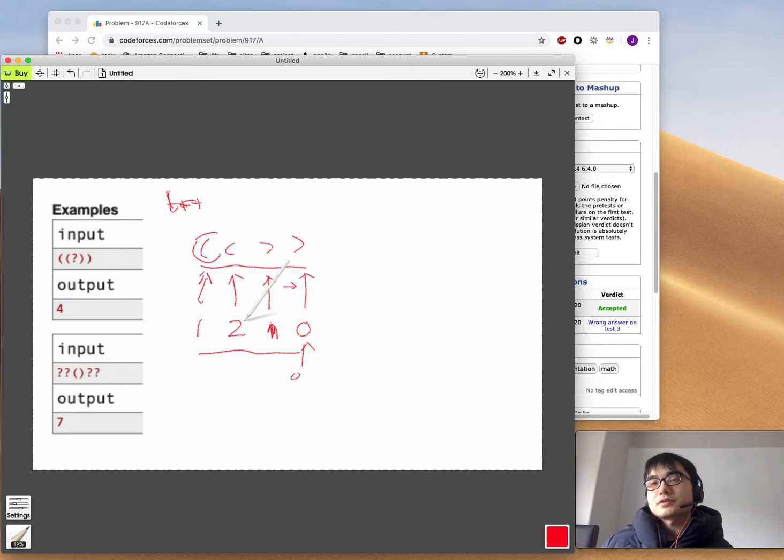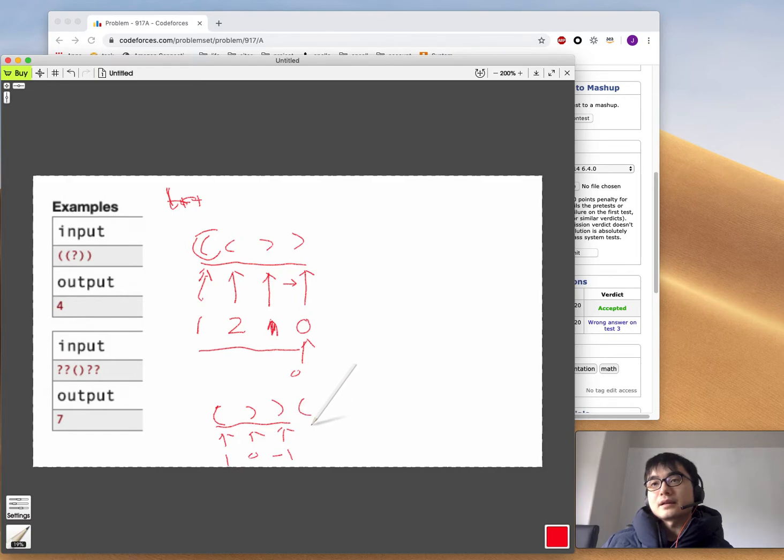And we need to make sure that the left counter is never less than 0, right? Why is that? Because if we have a substream like this, here the counter is 1, here the counter is 0, here the counter is -1.